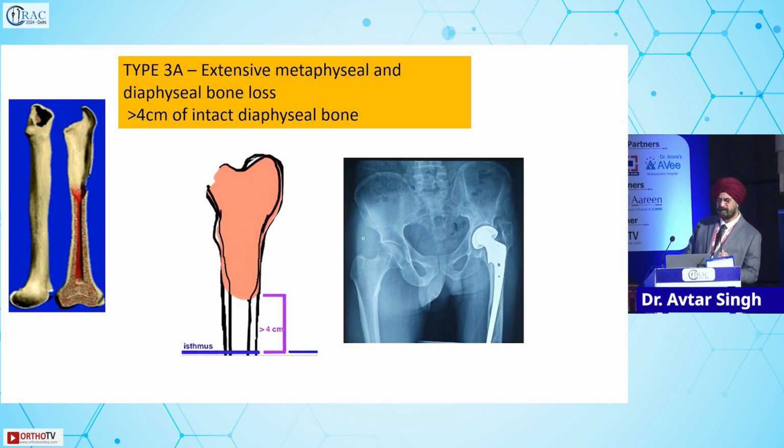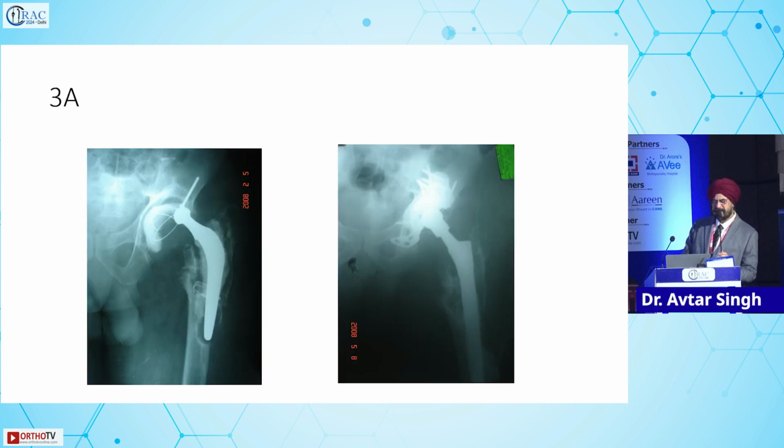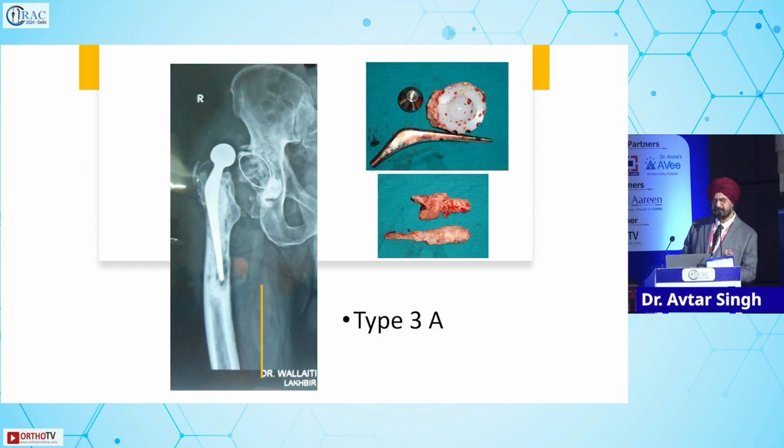And then more extensive bone loss, 3A, you have more than 4 centimeters scratch fit. Then again, there are many options, but the most popular option now is tapered stem. A couple of cases, cemented stem, and then this was revised with a reef stem.